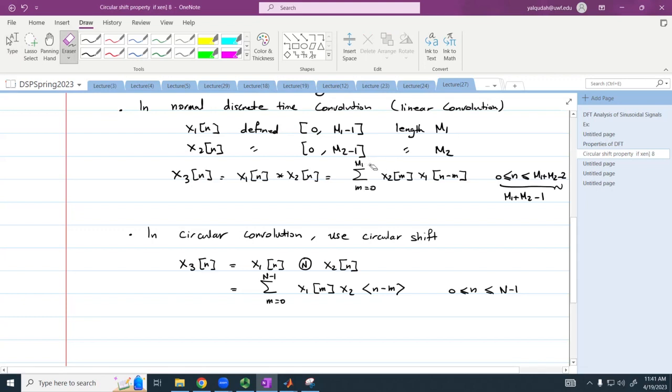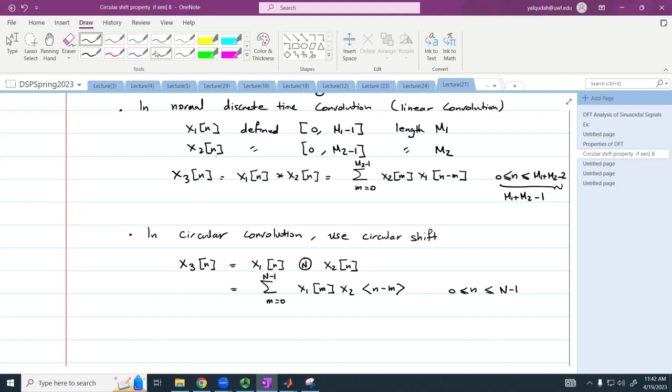Actually, no, I'll take that back. This is M2 minus 1. I'm keeping x2, and I'm shifting x1. The only terms that are not going to be 0 are the ones that overlap, and they're going to be from 0 to M2 minus 1.